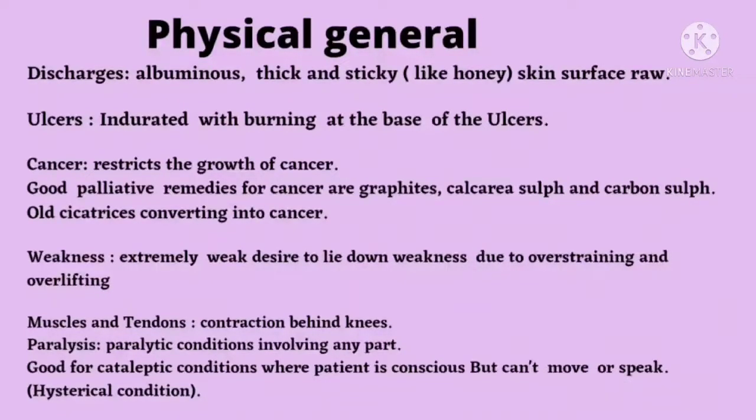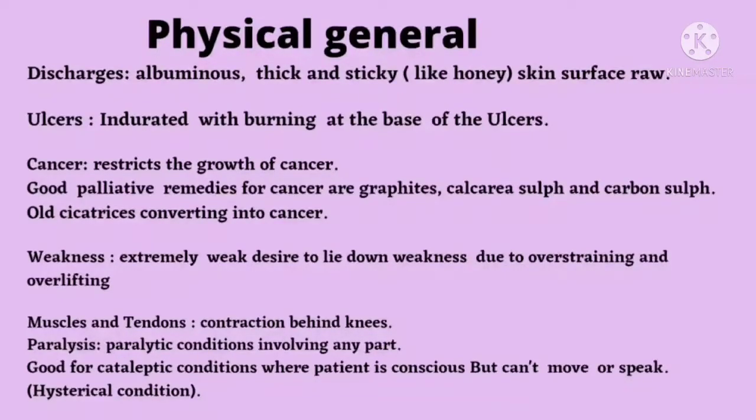That is the discoloration which carbo animalis shows, you will not find much in graphites. So again, ulceration which is indurated and burning at the base. One of the good remedies for cancer, like carbo animalis and carbon sulph. It will restrict the growth of cancer.